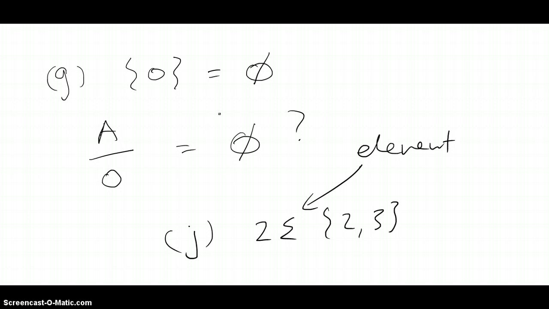It's very similar to the idea of subset, but element only refers to just this one thing here. So, is 2 an element of this set here? In other words, does 2 contribute to this set? Or is 2 a part of this set? Yes. So this statement is true.